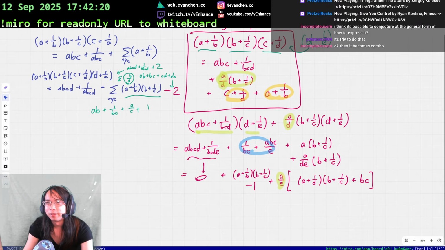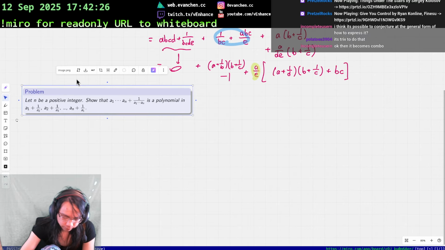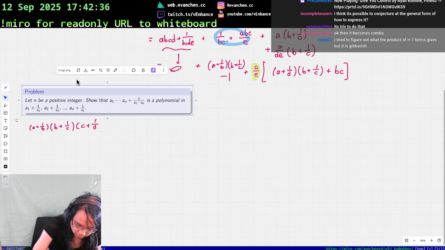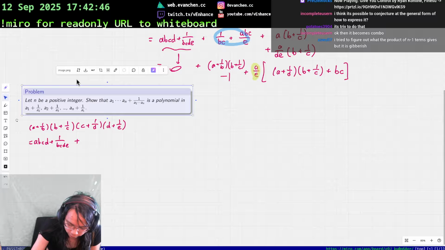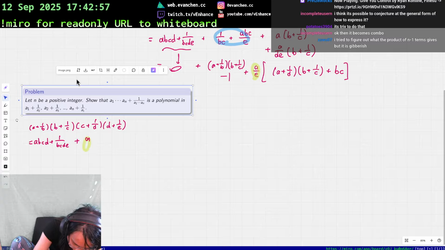Let me write down the claim completely, and a lot of this came out of our induction. The point is that this is equal to abcd plus 1 over bcde, and then plus some things that are almost polynomial, and then one thing that isn't. This stubborn a over e term is where the difficulty of the problem is coming from, I think.